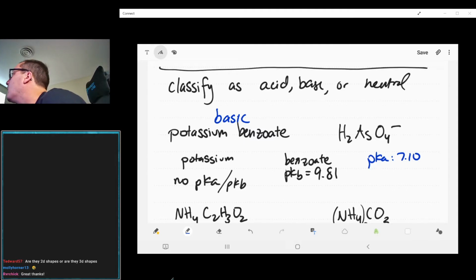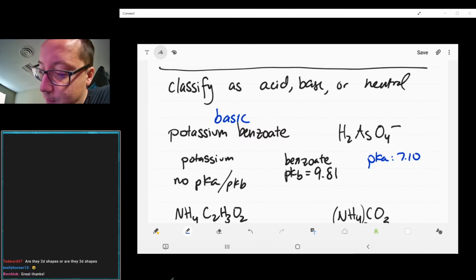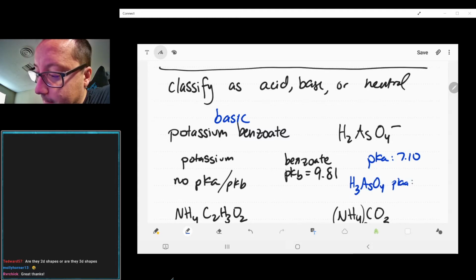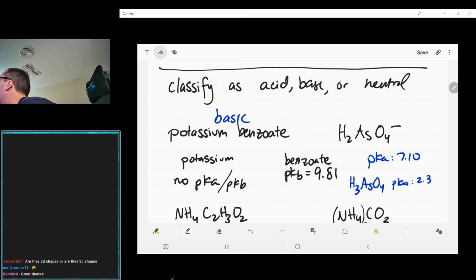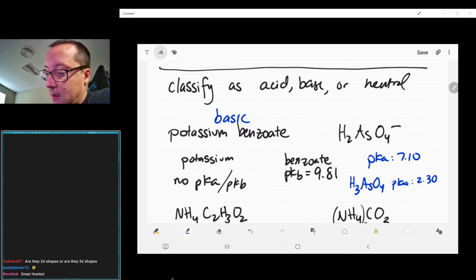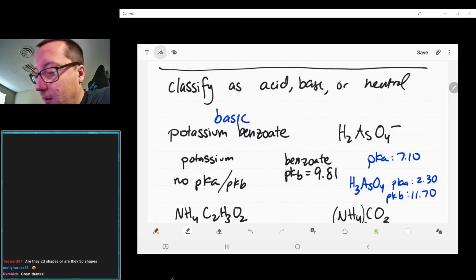So its other conjugate, if we look it up, the pKa of this guy is 2.30. Sorry, I have it on the other monitor and it's pretty small. So that means the pKb of this base is going to be 11.70. So the pKb for the dihydrogen arsenate is 11.70.